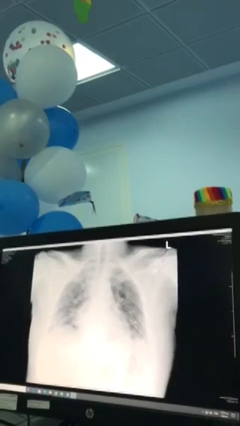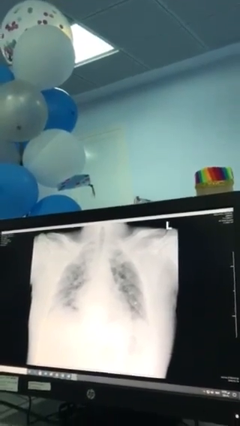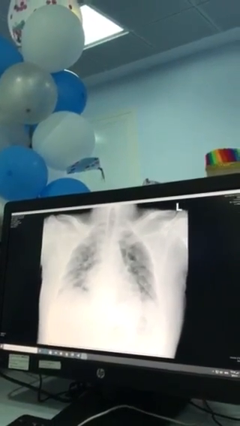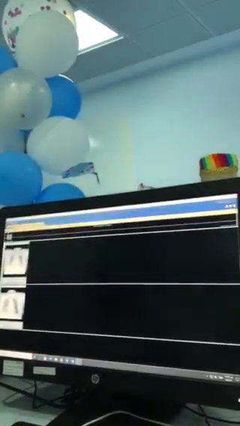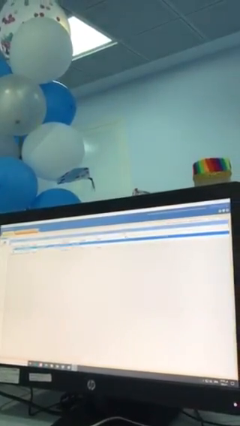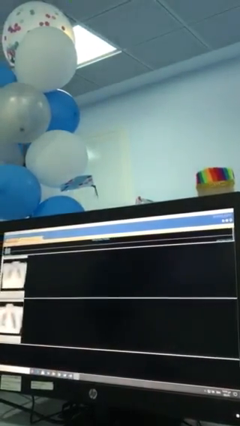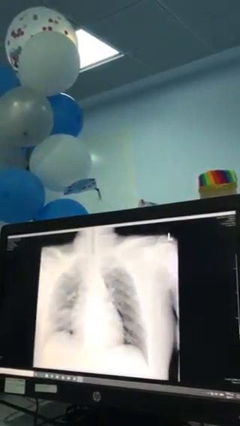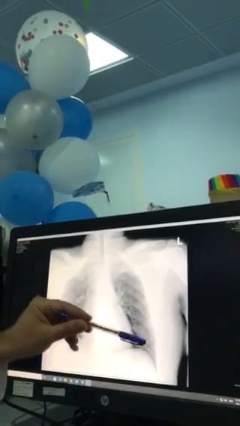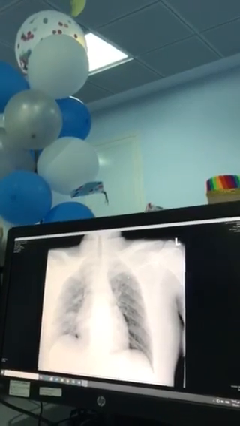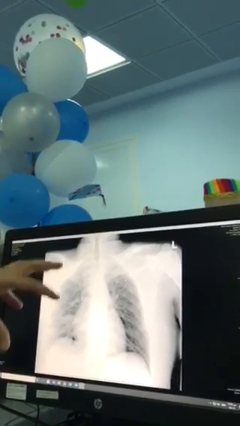So if pneumothorax, what we will see? Yeah, pneumothorax is different. Pneumothorax you will see... Let's see another patient. Pneumothorax, you will see more black area over here. Black, more black. Pneumothorax means there's air inside the lung, right?